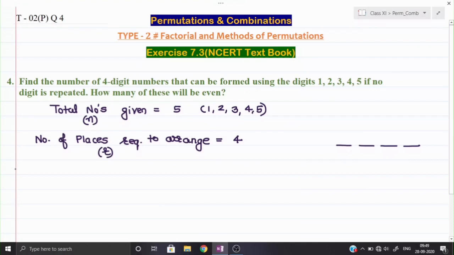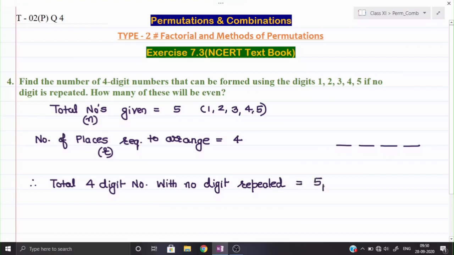So we'll write down here, therefore total 4-digit numbers with no digit repeated will be equal to, what is the answer? nPr, we can say directly 5P4, because 5 numbers are there and 4 places we are arranging.